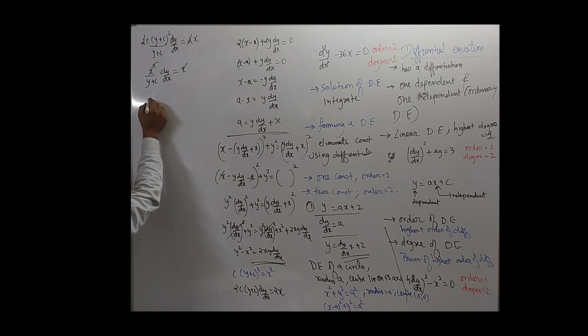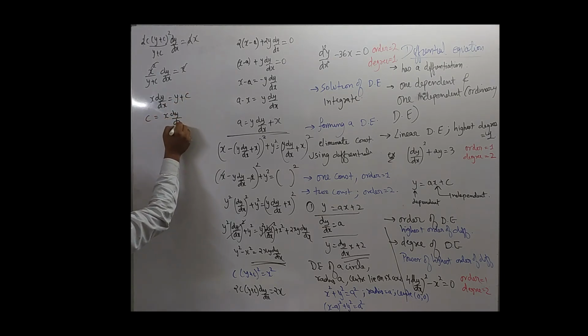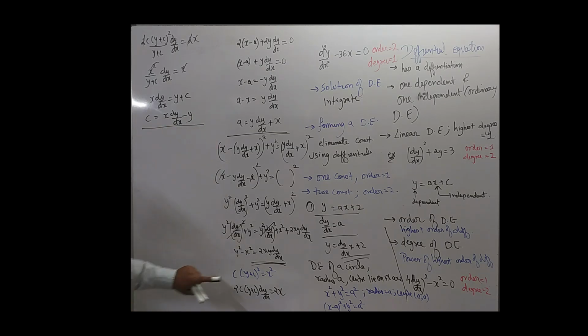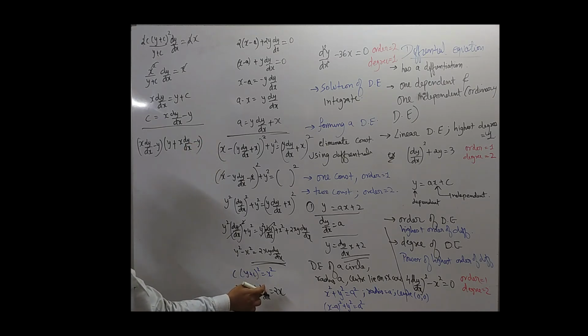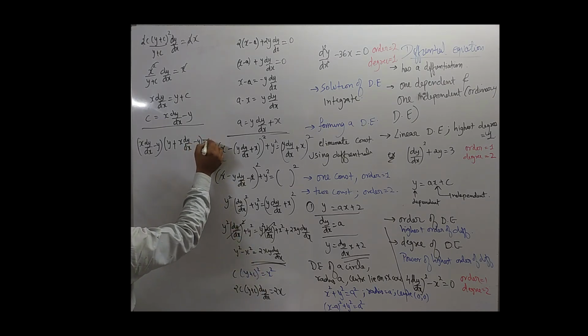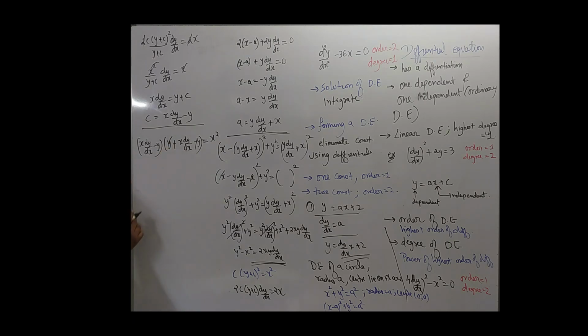One x gets cancelled. x dy/dx = y + c, and the value of c would be x dy/dx - y. So let us substitute this value into the original equation. So (x dy/dx - y)(y + c) equals x², so y + c becomes x dy/dx, plus y minus y gets cancelled.